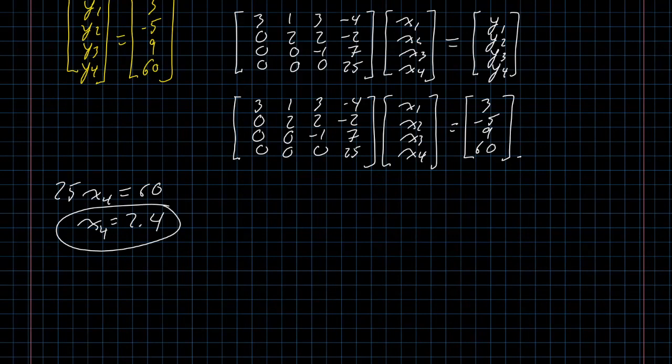And then we go to x3. Minus x3 plus 7x4 is equal to 9. If we just take that third row and multiply it through. Right? 7 times 2.4 is 16.8.